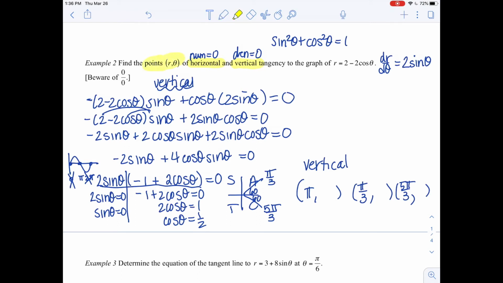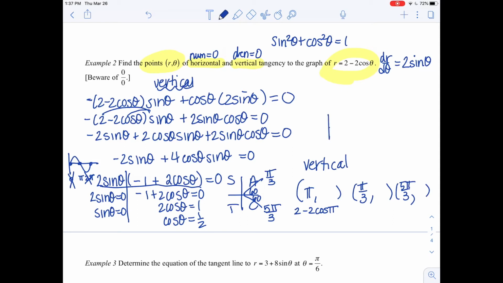And then to finish making the full points, notice that in the directions it says points, not just the r values. You have to take each of these values, like pi over 3 and 5 pi over 3, and plug all of those back into the original r equals 2 plus 2 cosine of theta. Let me just do one or two of these.